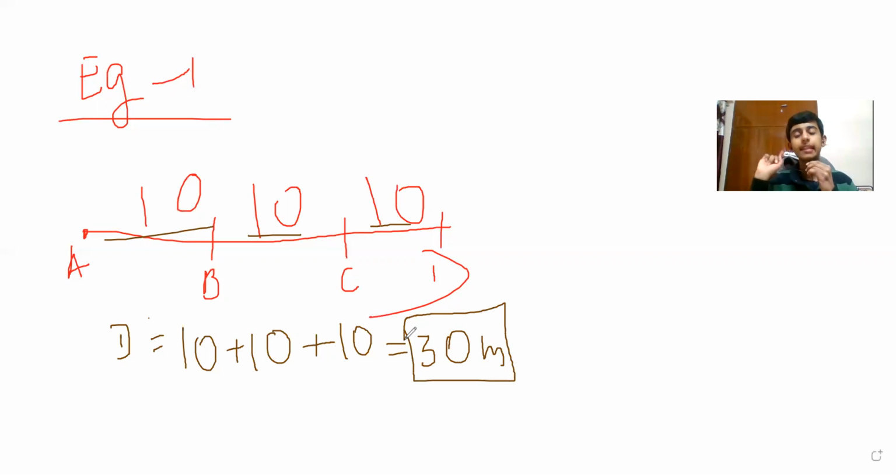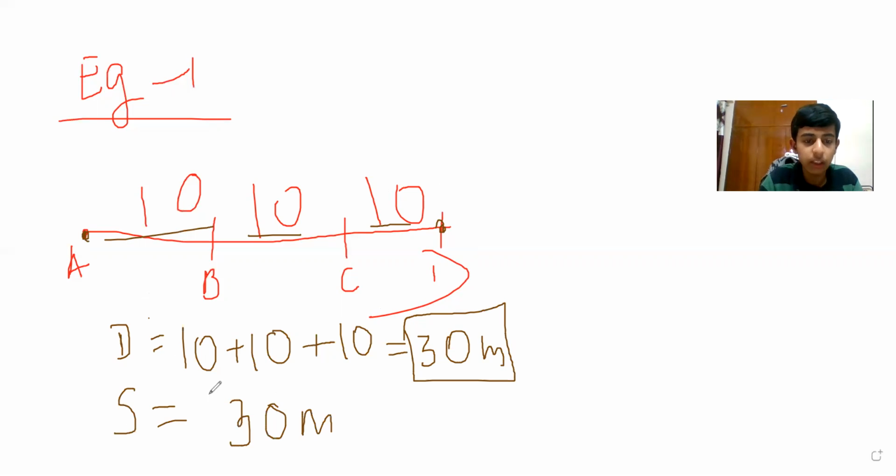So your distance is 30 meter. What about displacement? Displacement is the shortest path. This is our initial position A, final position D. How much? 10, 10, 10. Again, it is 30 meter. So with this, we can say that here distance and displacement are equal.